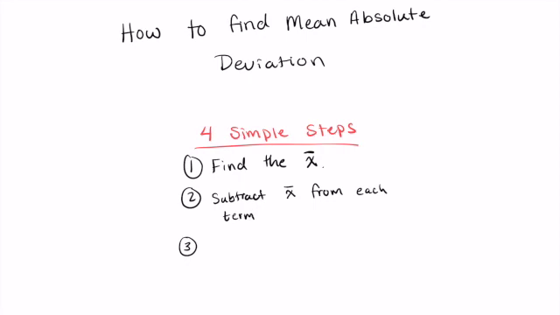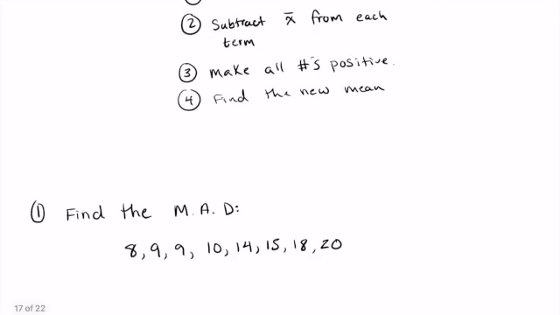Step 3, make all numbers positive. And then finally, step 4, find the new mean. I'm going to show you how easy this is the moment that we have a data set. So without further ado, let's just jump straight in.